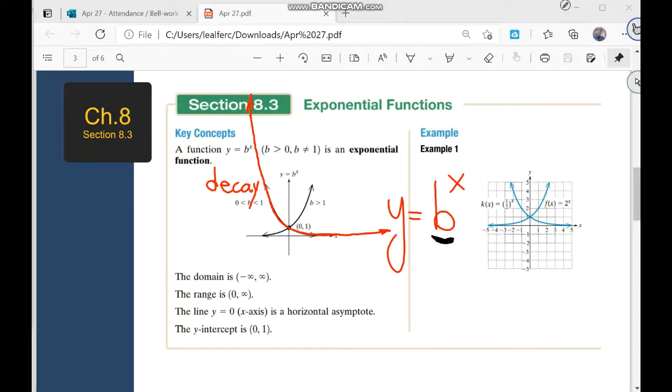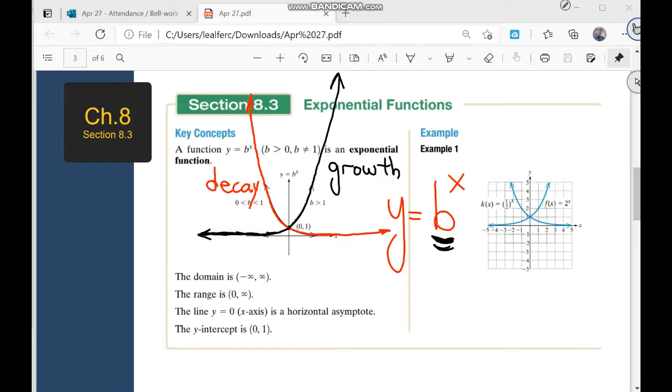The other situation is if we have b greater than 1, then the graph starts near to 0 and grows very slowly, and at some point it starts to grow quicker and much quicker, and then grows really fast. And this is called growth. So exponential decay and exponential growth. Those are the two main kinds of exponential graphs you will find.